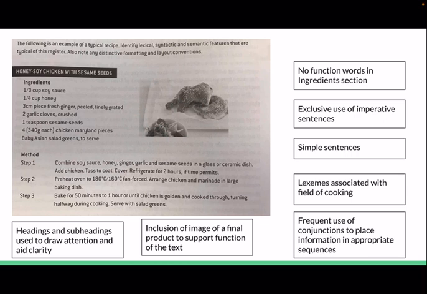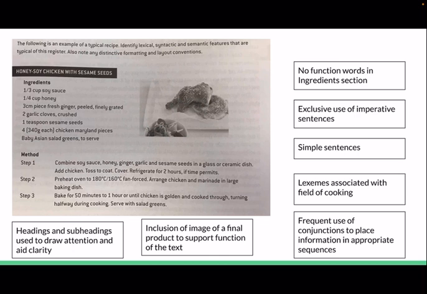It fits with the context that this piece is written in. There's an exclusive use of imperative sentences because that fits again with the register of the text type. So it's not saying please combine soy sauce or if you wouldn't mind, could you please combine. It just tells us imperatively what we have to do.